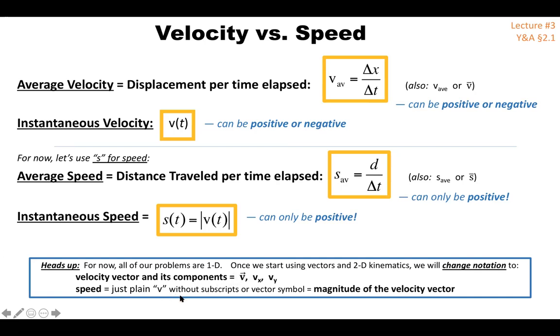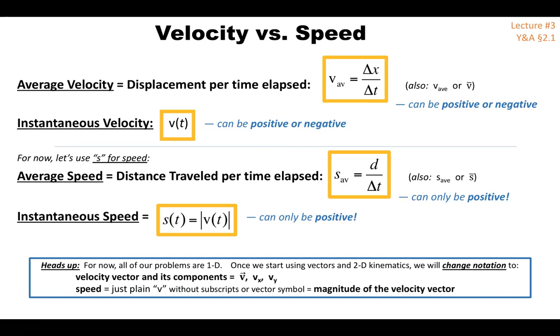So when we get to projectile motion later in chapter 2, we're going to revise our variable for speed from S to V. So just plain V without a vector hat on top, without subscripts, will become speed. Okay, so later when we get to projectile motion, keep that in mind. We're not going to use S anymore, right?